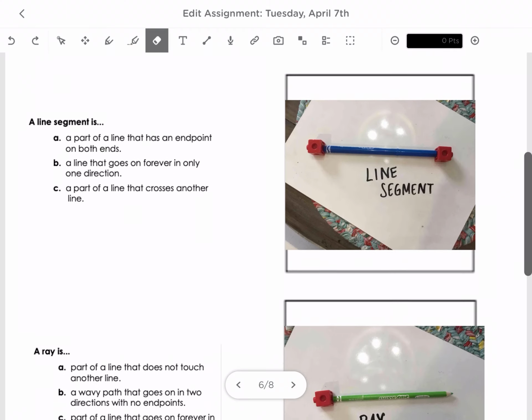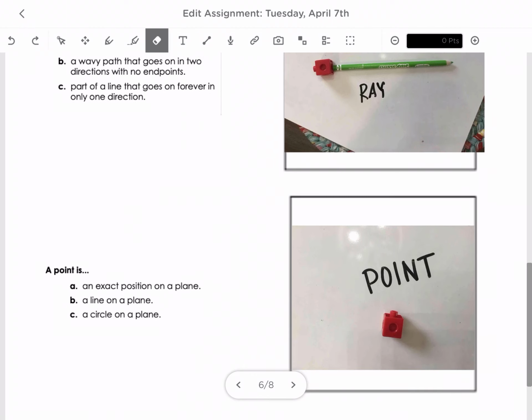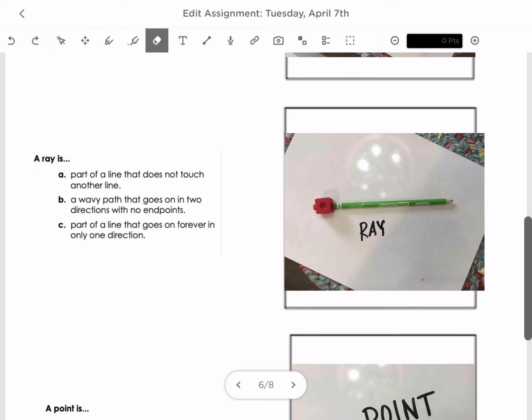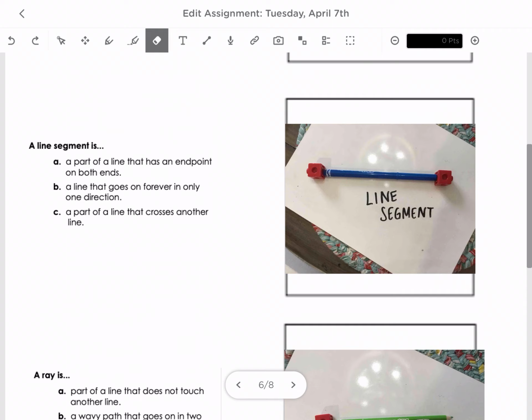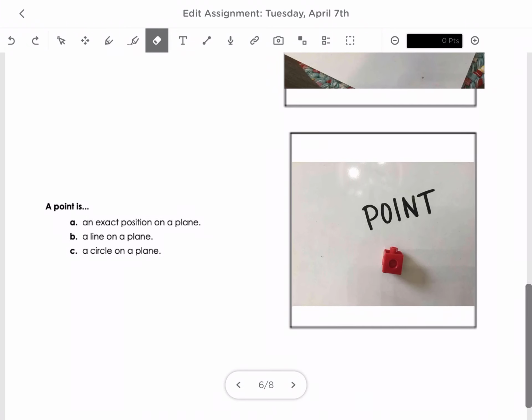And when you look at a line segment or a ray, you can see that I used what I used for my point. I have snap cubes here at home, so I used those on the ends of either my marker or my colored pencil to include those stopping points.